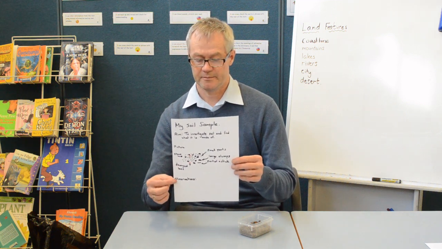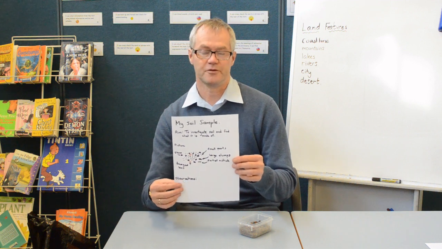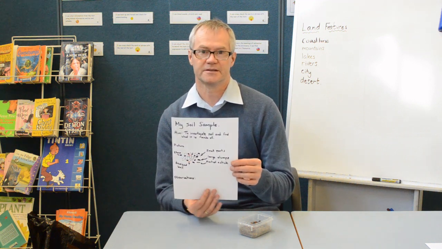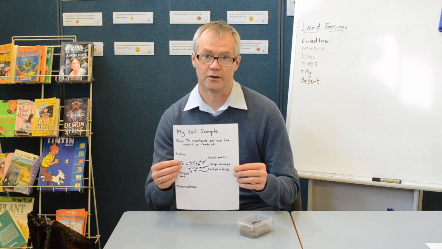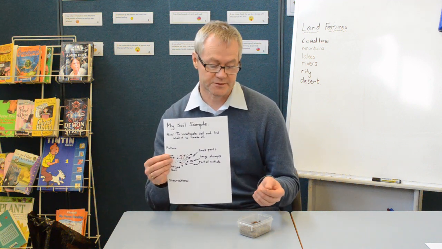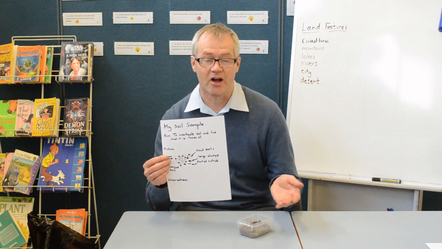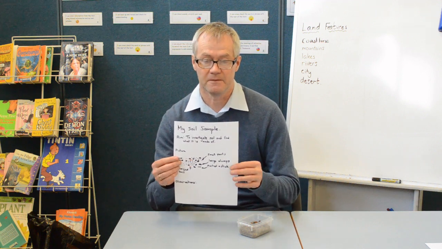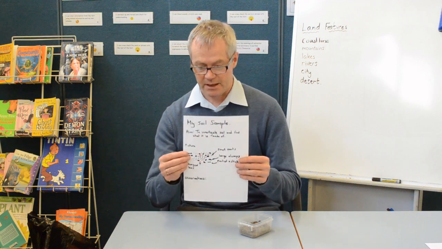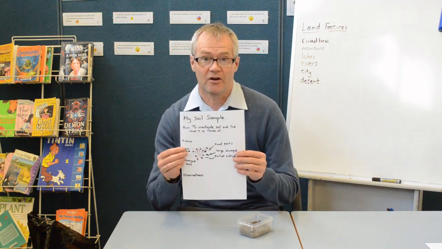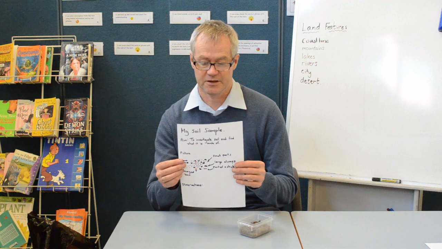Down the bottom there's room for you to write observations. You might want to write what colour it is, what it looks like, what it feels like, what did it sound like when you shuffled it around on the paper. And I'll put this on at the end of the video so you can refer to that.